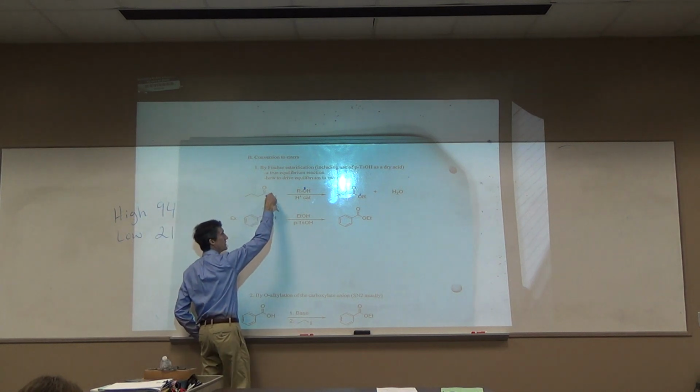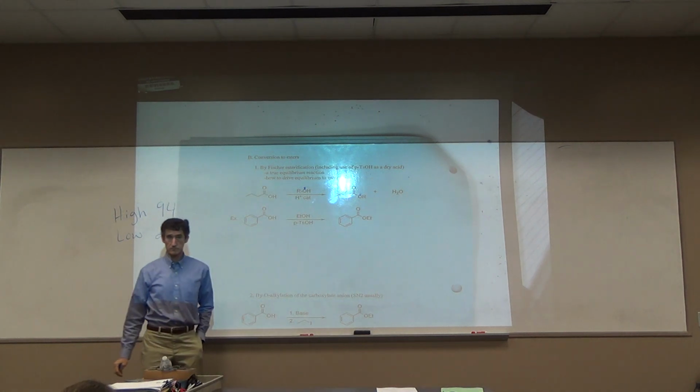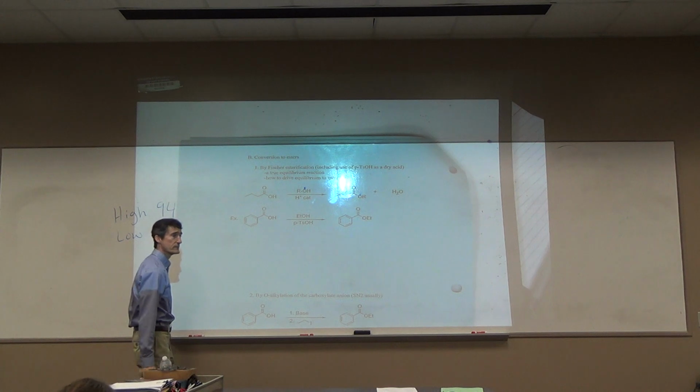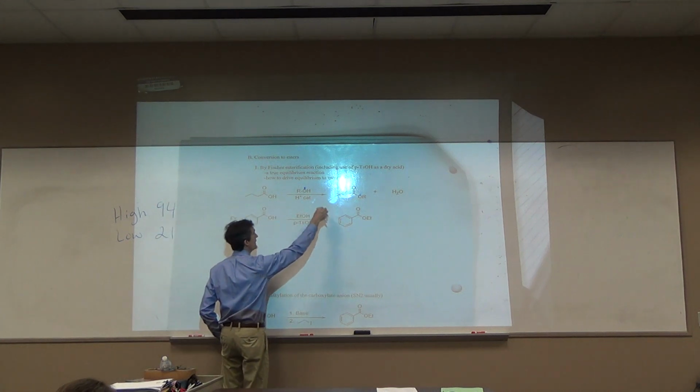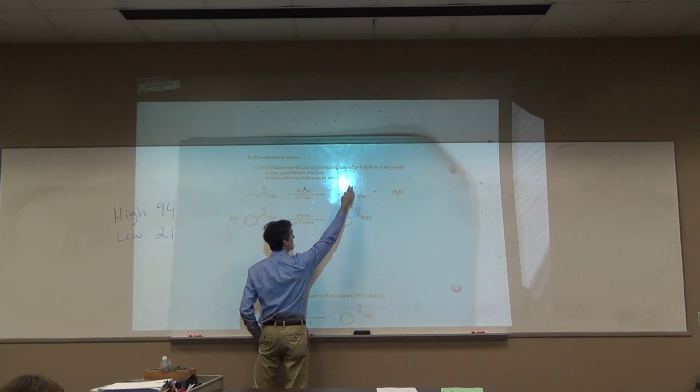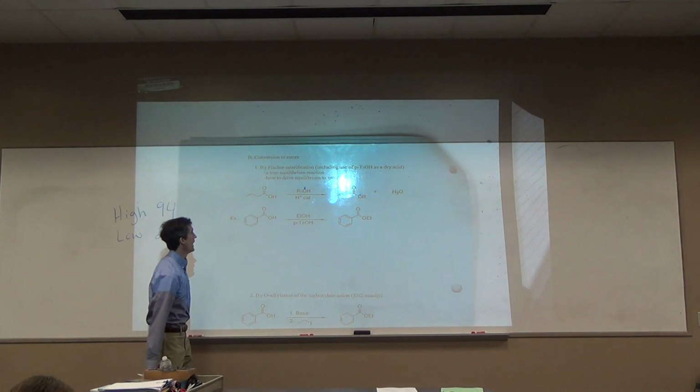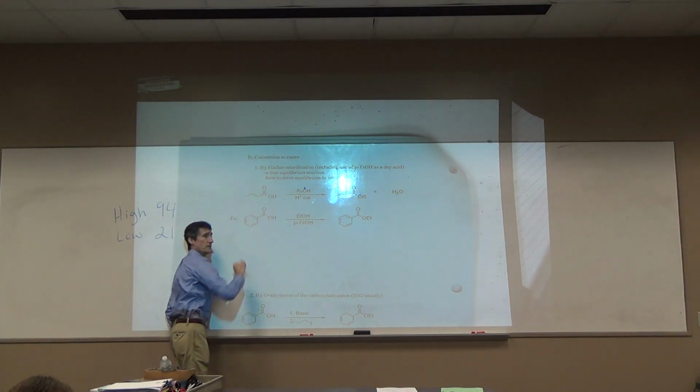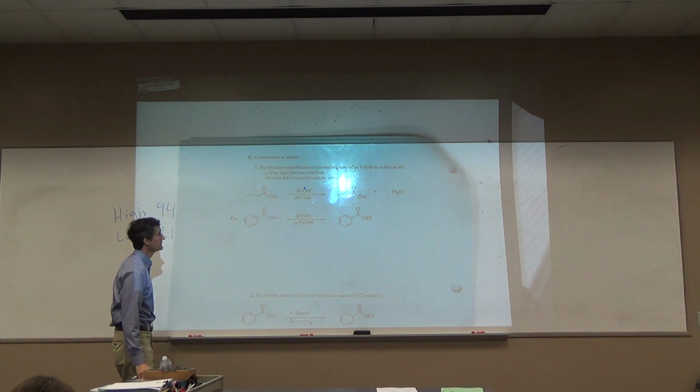One of these oxygens here becomes water, so one of these is lost. This oxygen becomes bonded to the carbonyl here. Ultimately, these oxygens are going to become equivalent in the mechanism.